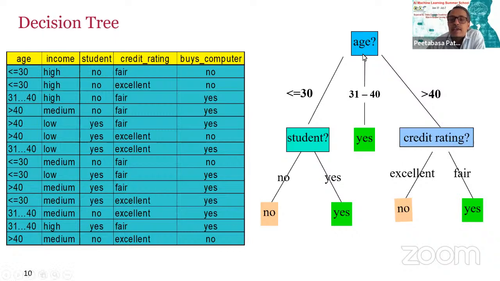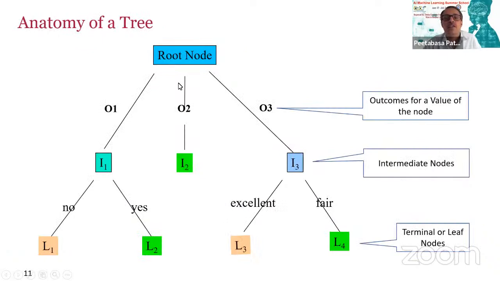We used age as the first attribute on the basis of which we do the division, the split. That is why it is called a root node. It's like a tree. It starts with the root and grows upwards. Trunk and branches, they split out, right? All the other nodes where the splitting is happening in between are called intermediate nodes.